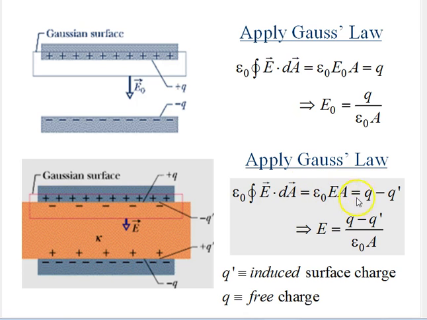So when we apply our Gauss's law, that Q enclosed becomes the Q, the free charge on the conductive plate, minus that induced charge. It's plus the induced charge. The induced charge just happens to be negative, so we get plus a negative Q prime here. So our electric field is that free charge Q minus Q prime divided by epsilon naught A. So what we want to do is relate that to our dielectric constant.